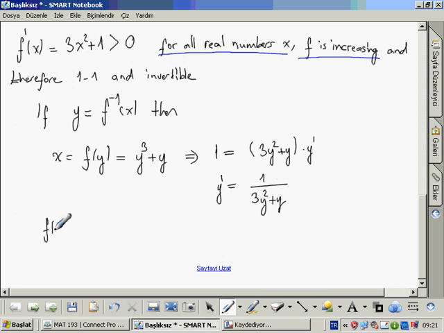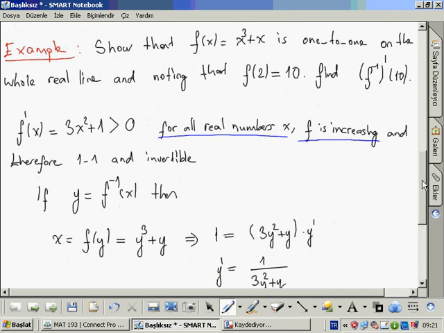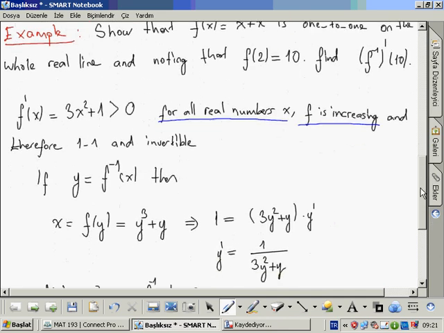And if f of 2 equals 10, so we can say the inverse f of 10 equals 2, which is equal to y, so the derivative of f inverse at 10 equals 1 over 3y squared plus, I'm sorry, that must be 1, right?